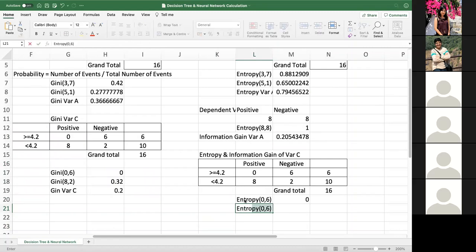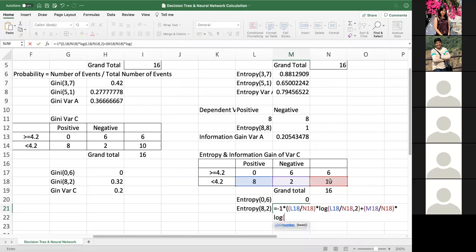And you have to only calculate entropy of 8, 2, which is equal to -1 into open 2 brackets 8 divided by 10 close bracket into log open bracket 8 divided by 10 comma 2 close bracket plus open bracket 2 divided by 10 into log open bracket 2 divided by 10 comma 2 close 2 brackets.